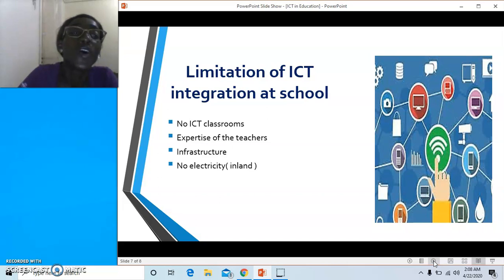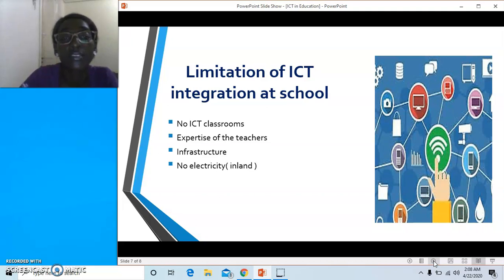Where are you going to charge the PCs, the laptops, the internet boxes, etc.? So they have to work on that to have electricity at the places, and when they have electricity, then they can integrate ICT.